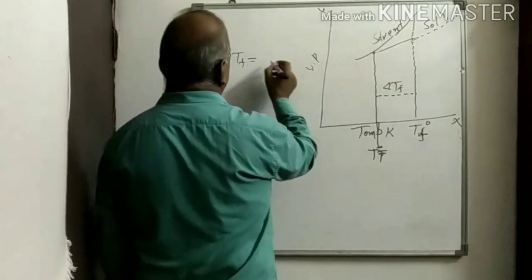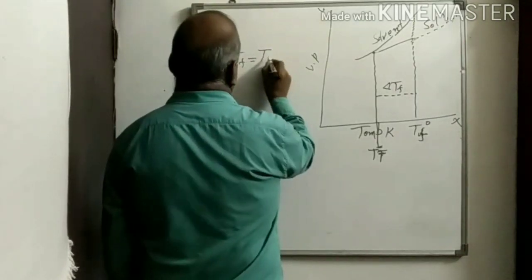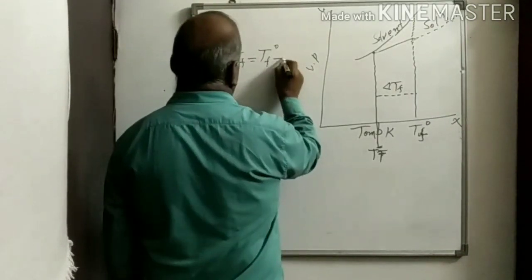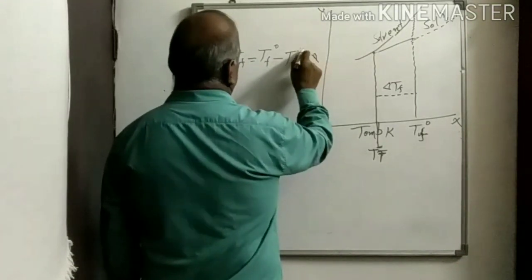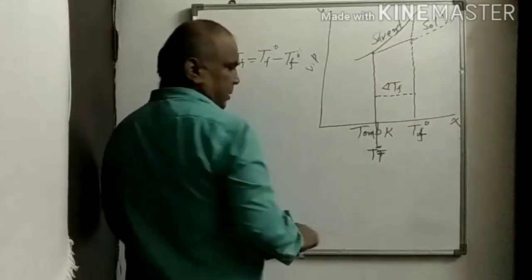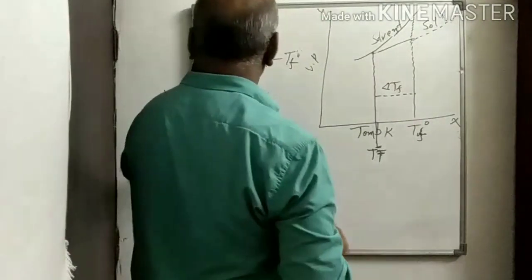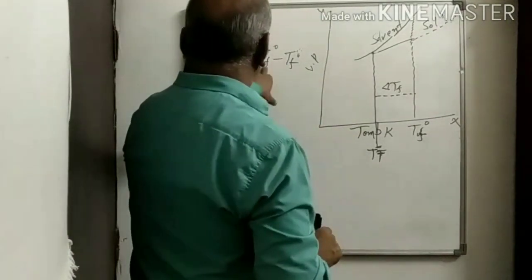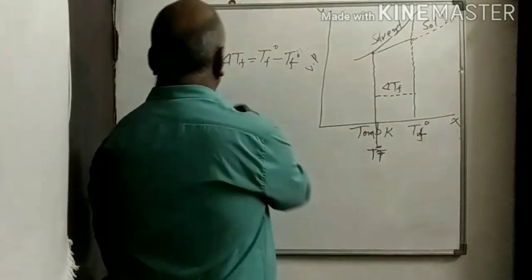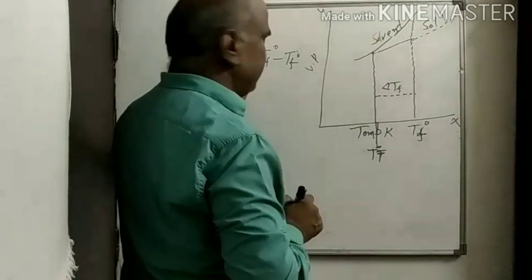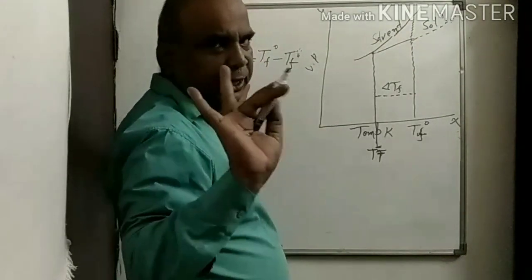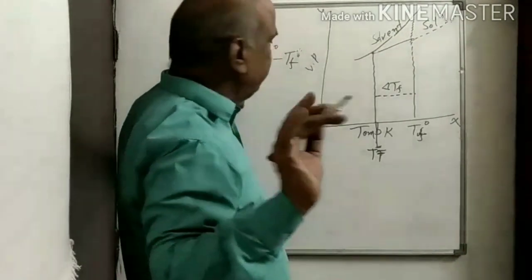Delta Tf is equal to Tf naught minus Tf. Delta Tf is the depression of freezing point and it is a colligative property.